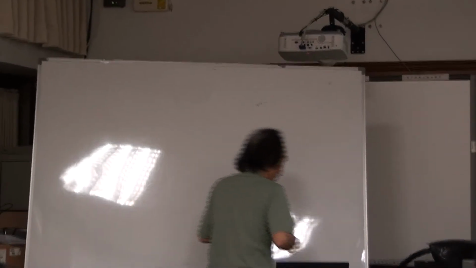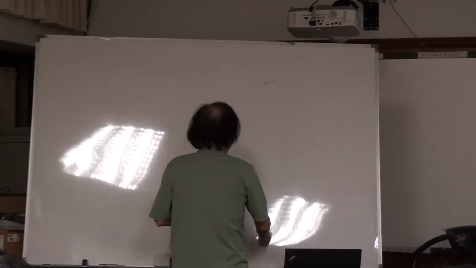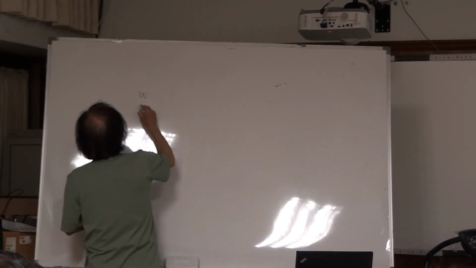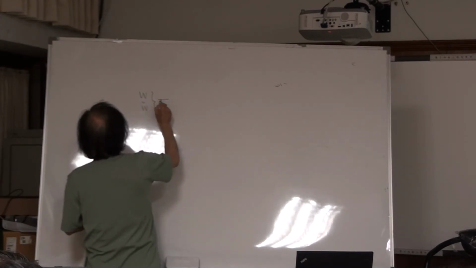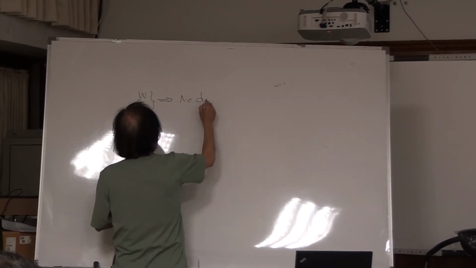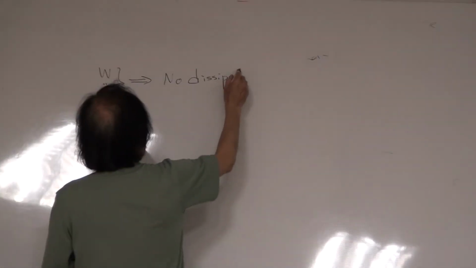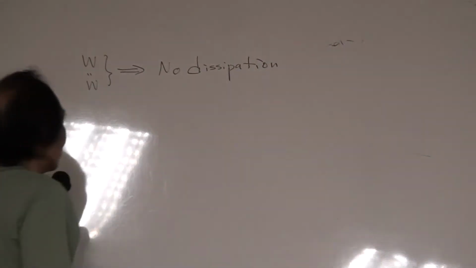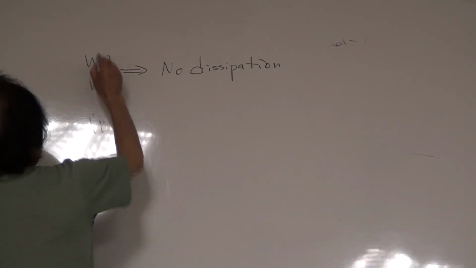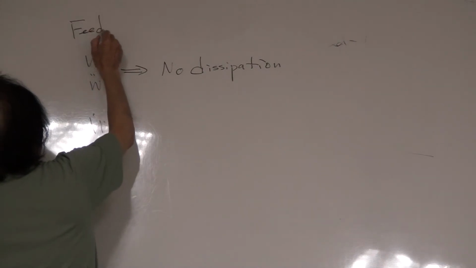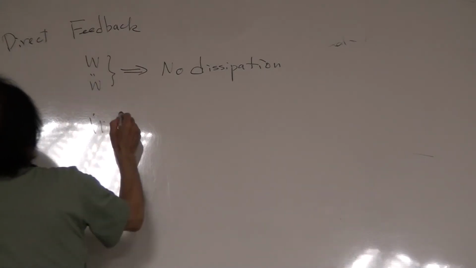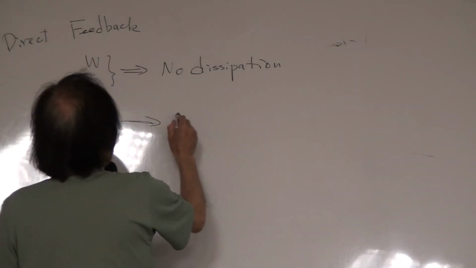We know that displacement and acceleration feedback, there's no energy dissipation. Right? W dot feedback, this is direct feedback, and w dot will give you the energy dissipation.